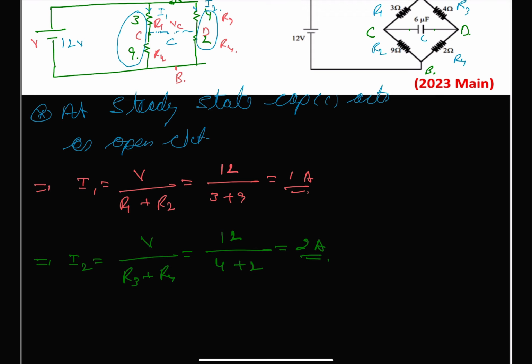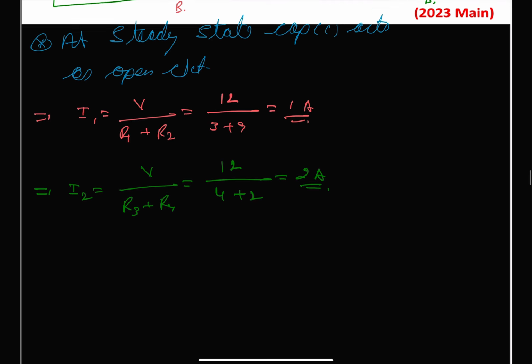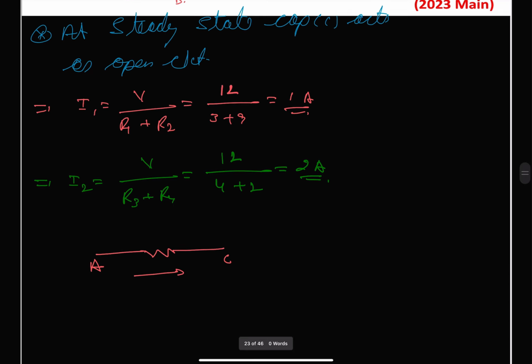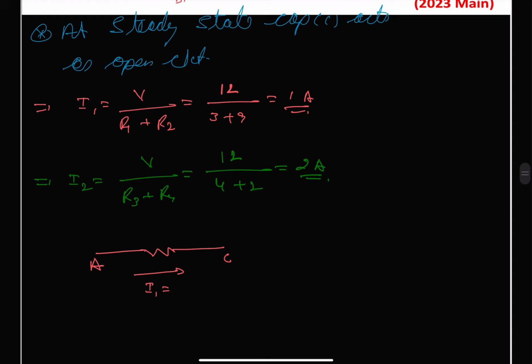Okay, so let me draw it here. This point is our A and this point is our C, and the current flowing through this is our I1, which is our 1 ampere. Here I have drawn only the partial circuit, but the circuit is complete, so obviously the current will be flowing because of the potential difference. Let us suppose the potential difference here is VA and here it is VC.